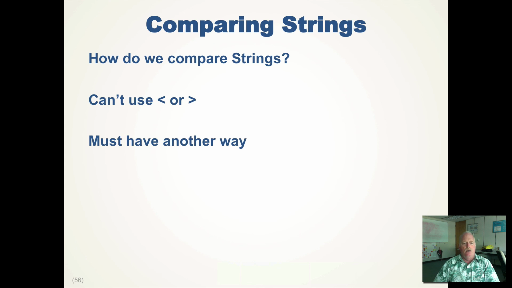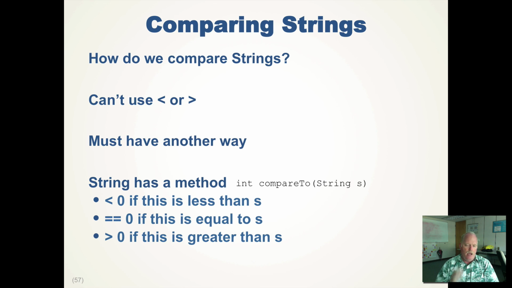So we must have another way of determining, is this string greater than this string, or is this string less than this string? So strings have a method that is actually part of an interface called comparable that returns an int. So strings have a method called compare_to that takes a string and will return an integer less than 0 if this string is less than s, because we're going to call it on an instance of string.